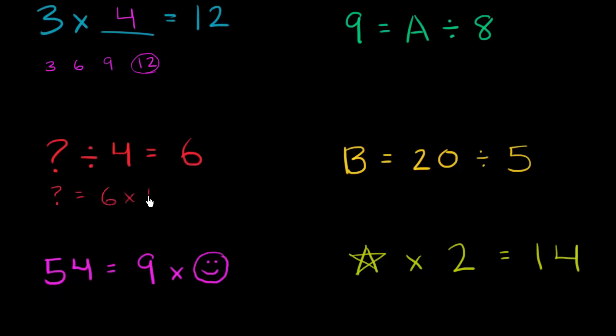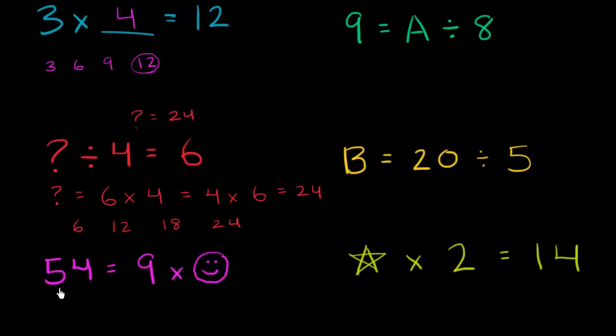So what is 6 times 4? Well, 6 times 1 is 6, 6 times 2 is 12, 6 times 3 is 18, 6 times 4 is 24. So question mark must be equal to 24. Write that down. Question mark in this case is equal to 24.